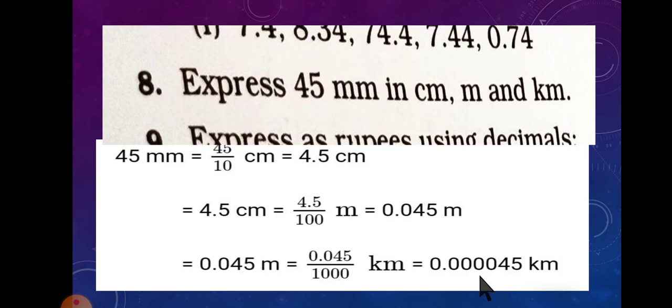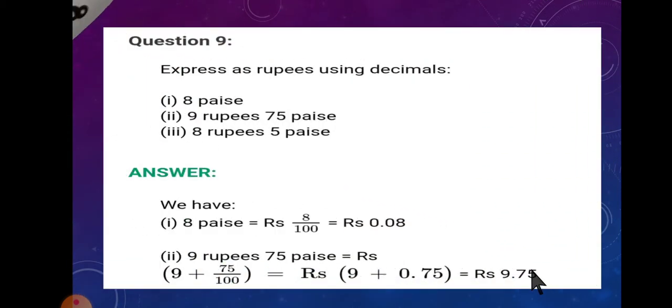So we insert more zeros because we need 6 digits there. 3 we already have and 3 we need more. So you insert the zeros as many digits as you need. Then 1 2 3 4 5 6, okay, 6 digits. Then we insert the decimal before 6 digits. So finally 0.045 meter converts into 0.000045 kilometer. Let's see the next question.